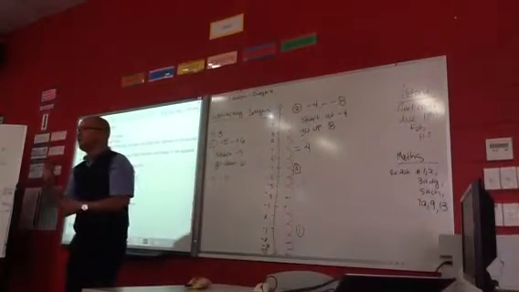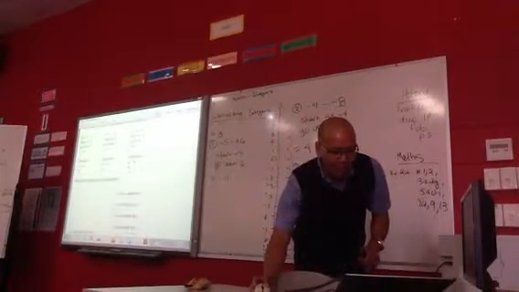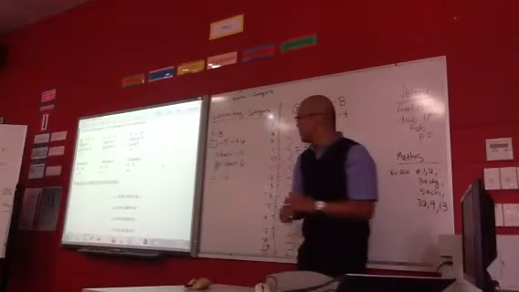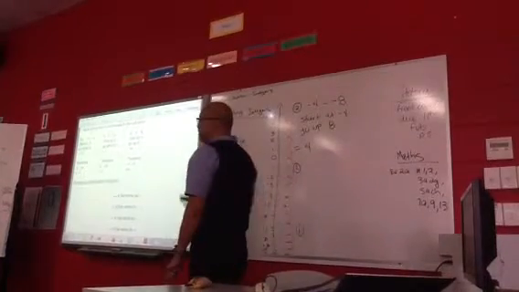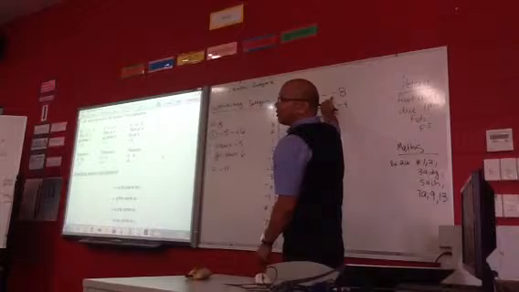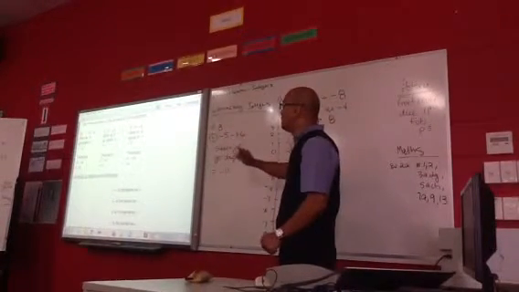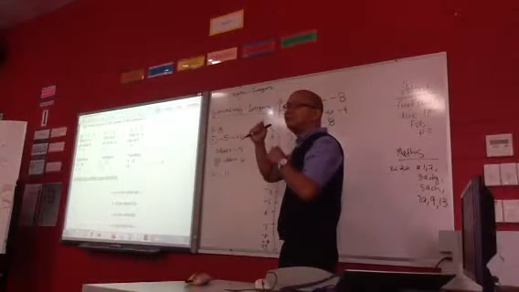Can you see the pattern there? Okay. So when simplifying it, every time you see opposite signs like that, what do you do? You can replace it with a negative.